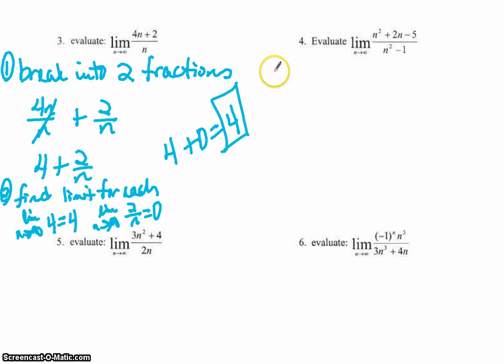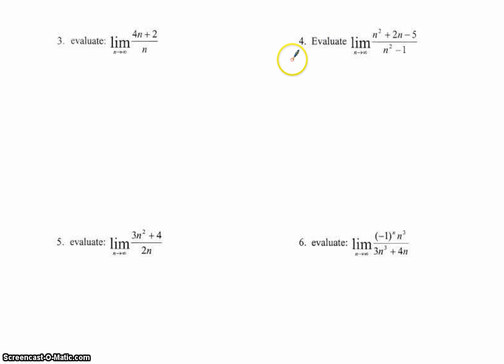So number 4, I'm going to erase everything so I have a little more room to work. You want to divide everything by the highest exponent. When we've got all this stuff going on, we don't like all that.